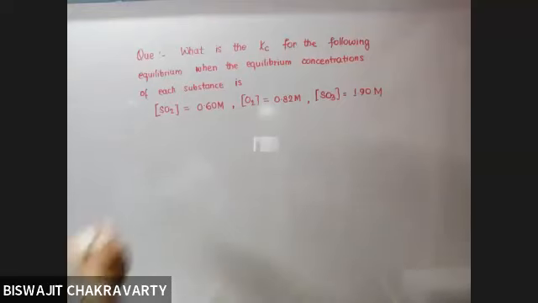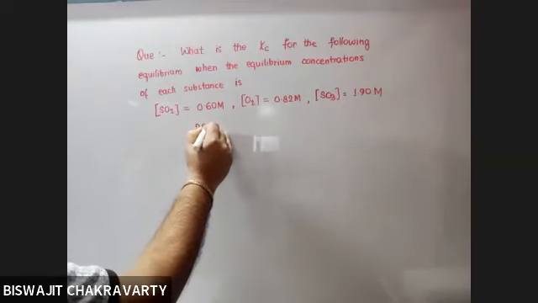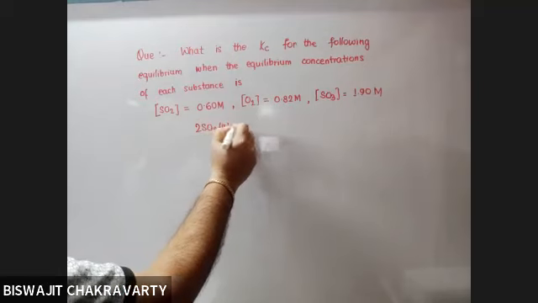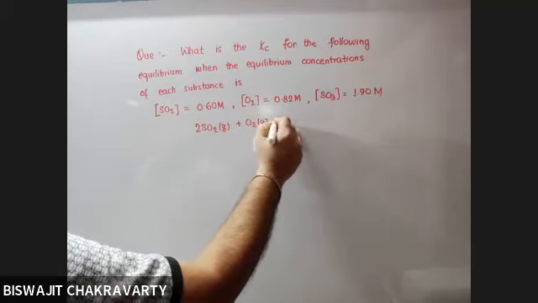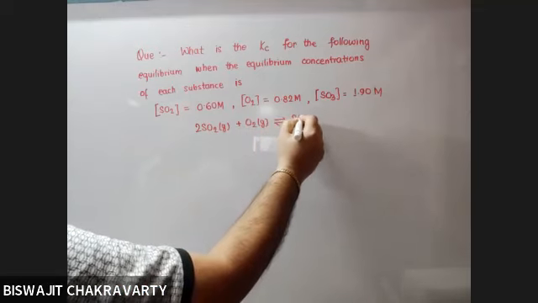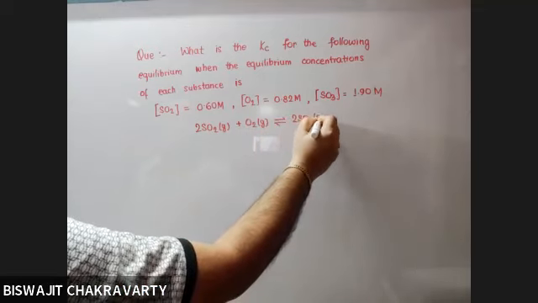The equation is given: 2 SO2 gas plus O2 gas reversible 2 SO3 gas.